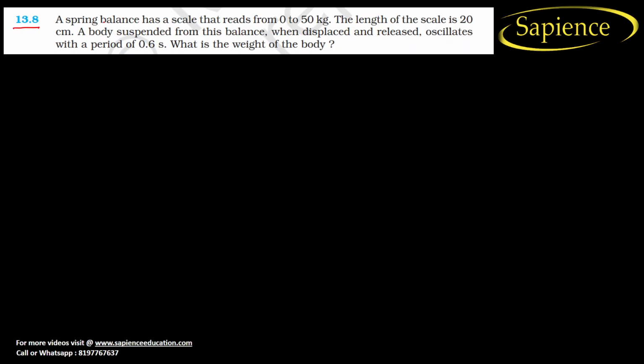Now this is 13.8. A spring balance has a scale that reads from 0 to 50 kg and the length of the scale is 20 centimeter. A body suspended from this balance, when displaced and released, oscillates with a time period of 0.6 second. What is the weight of the body? So let us see the condition. This is a spring balance system, and when you put the maximum mass of 50 kg, its stretch is 20 centimeter.